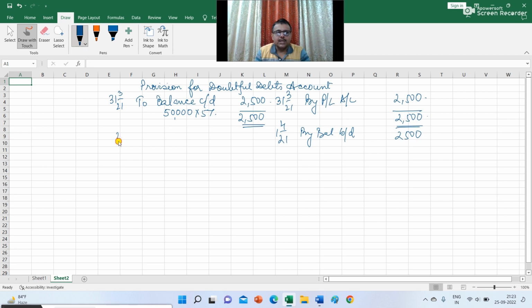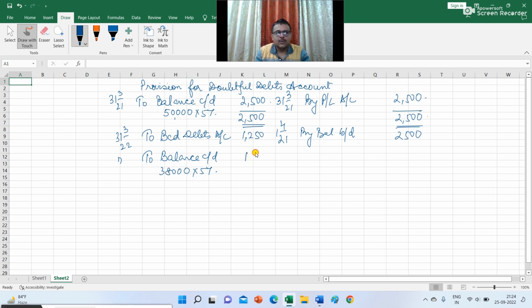So on 1st April 21, the opening balance in the provision account will be 2,500. Now during the year 2021-22, that is on 31st March 2022, the bad debt given in the question is 1,250. And on 31st March 2022, the required amount of provision is 5% on the debtor balance, and the debtor balance is 38,000.